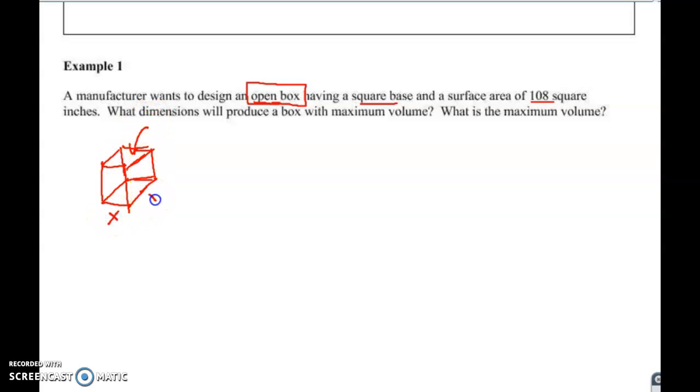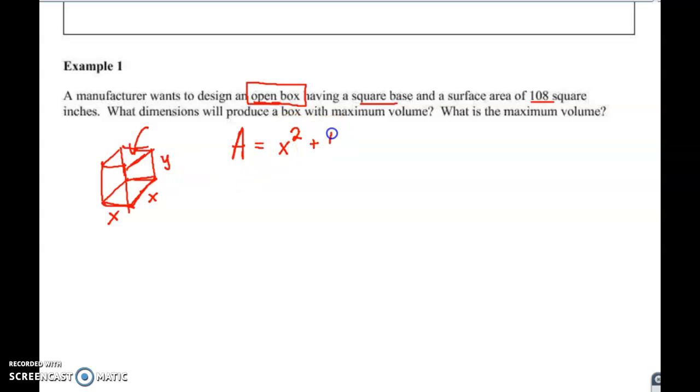A square base is saying that whatever side length this is has to have the same side length this way. And maybe I'll call this y because it doesn't have to be the same height. So as far as surface area goes, I'll use A for surface area. My S kind of looks like a 5. We have one base is x times x, so x squared.